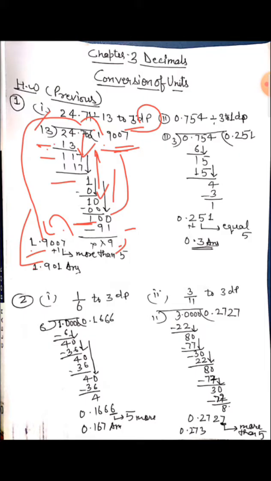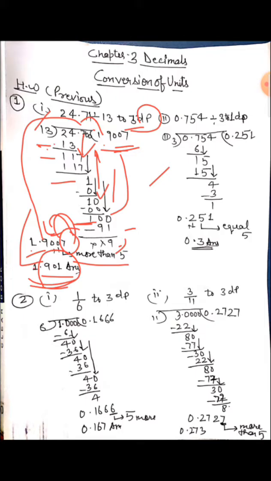Here we have 1.9007, the second last digit is 0 and the last digit is 7, and 7 is more than 5, so we add 1 to the 0. After adding, we get 1.901 up to 3 decimal places. After the decimal there are 3 digits, so the answer will be 1.901.